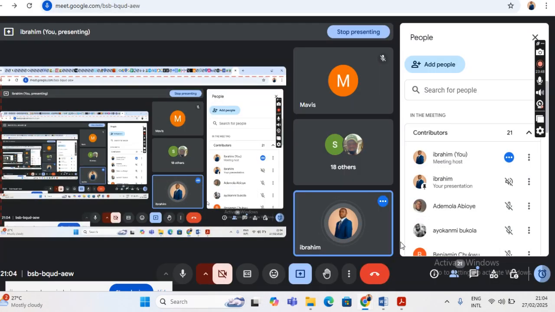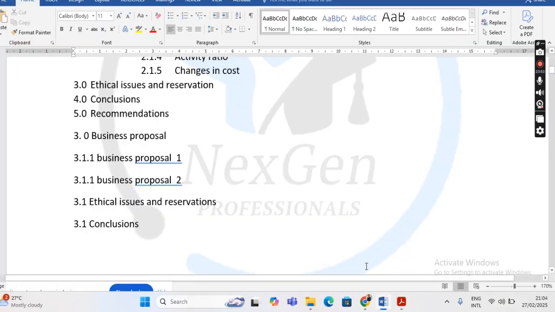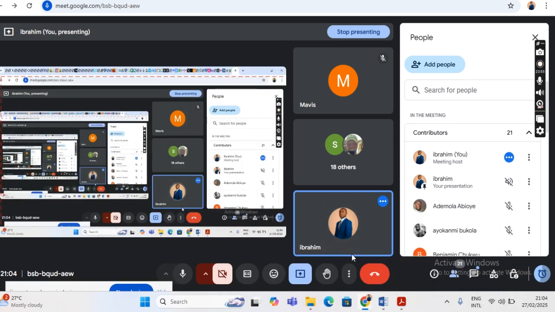Now, I will just tell you another thing today, that this style of reporting has actually helped me to excel in terms of my report writing, even in my current place of work, right? It might interest you to know that you can modify it to suit your operation where you are.